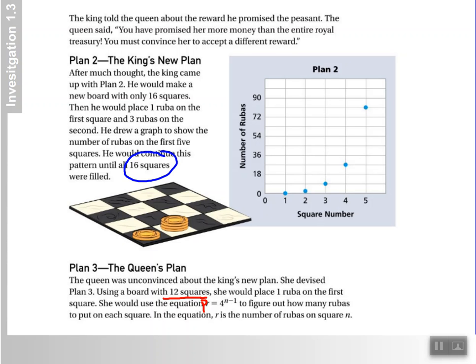But obviously the peasant is not going to agree to that, so he has to make it look more appealing. Instead of doubling, he is going to triple each square. If the first square gets 1, the second square will get 3. How much will the third square get?